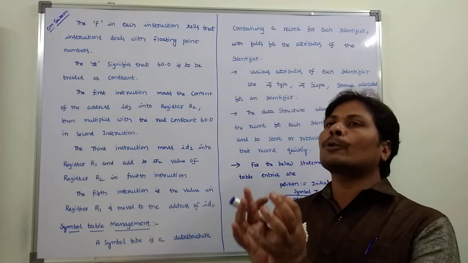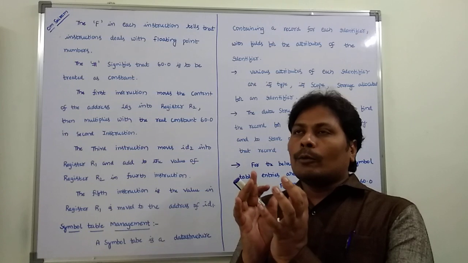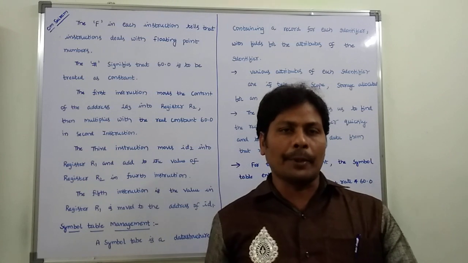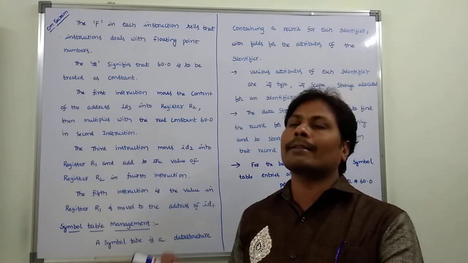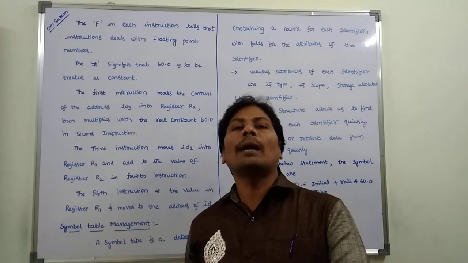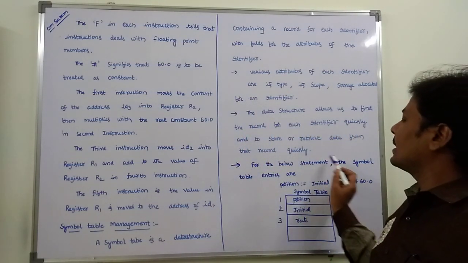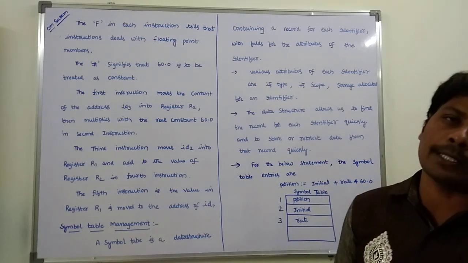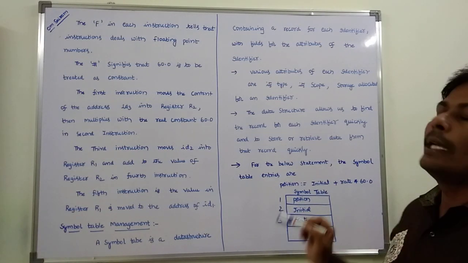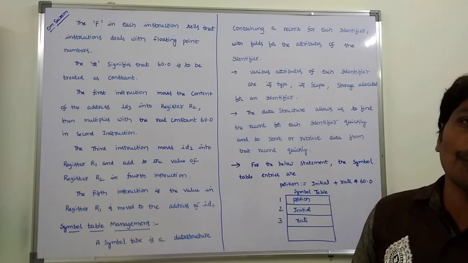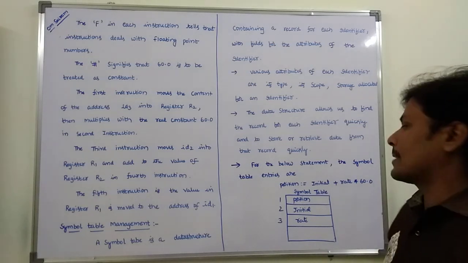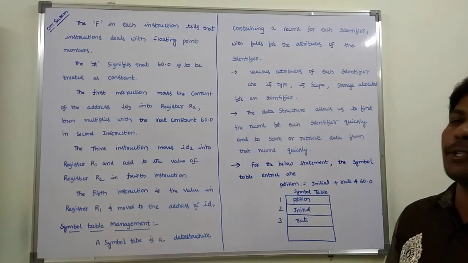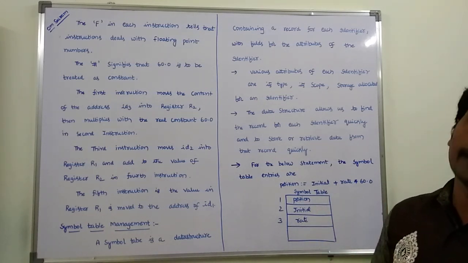So now we have to store in records the identifier and its attributes. They have to be stored as a record in a symbol table. For example, we can take this statement, position is equal to initial plus rate into 16. So this is the symbol table. In this symbol table, we have to store the identifiers. The first identifier is position. The second identifier is initial. The third identifier is rate.